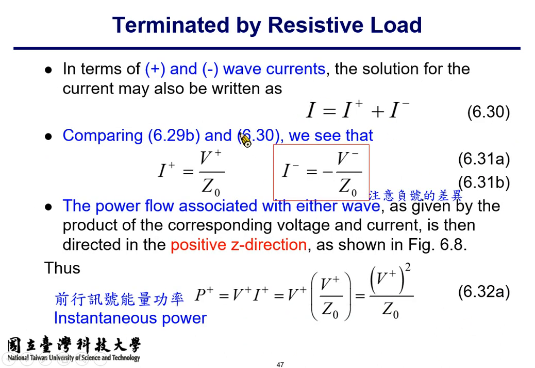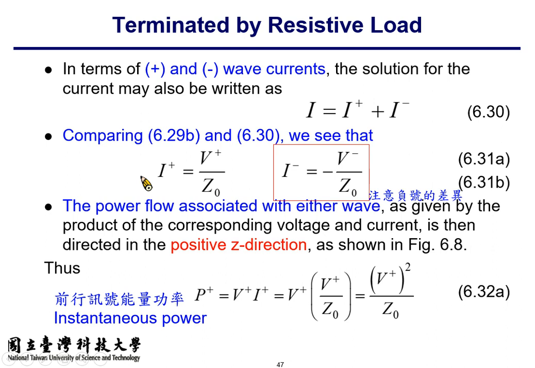Here are the relationships we used in the previous slides. That is, I plus equals V plus over Z sub 0, and I minus equals the minus of V minus over Z sub 0. The next thing we will look into is the power flow associated with the signal within the transmission line.